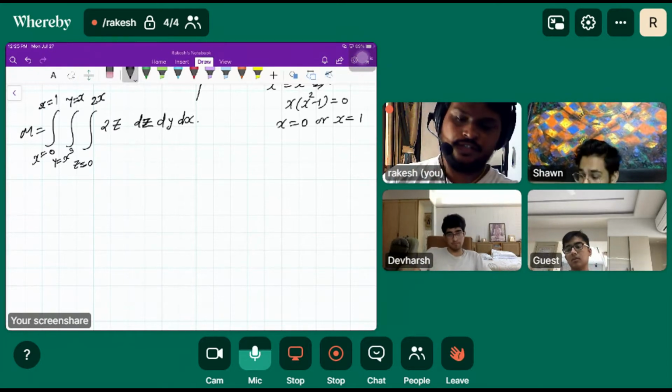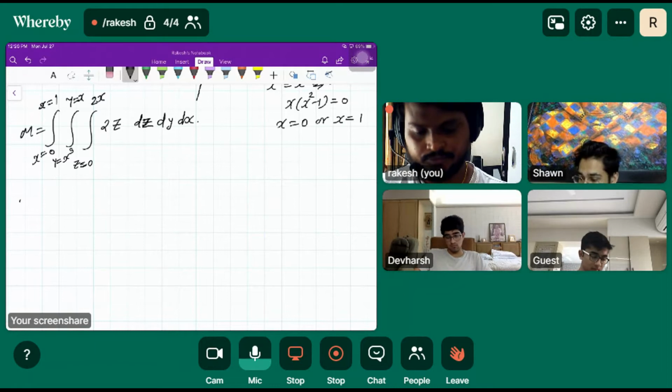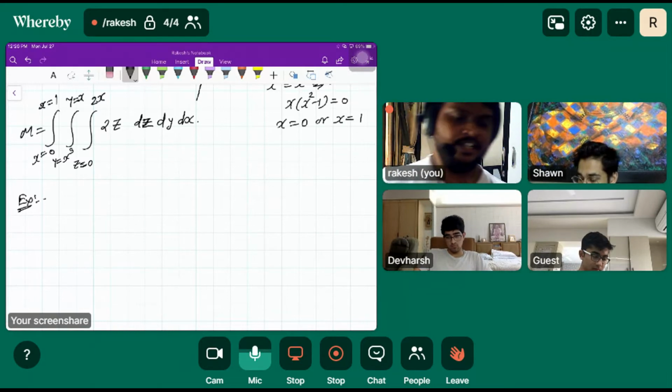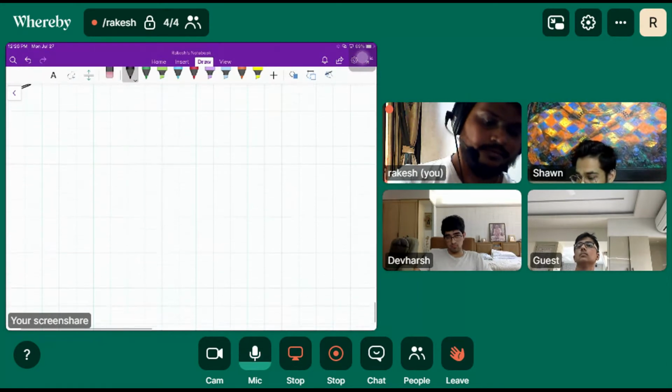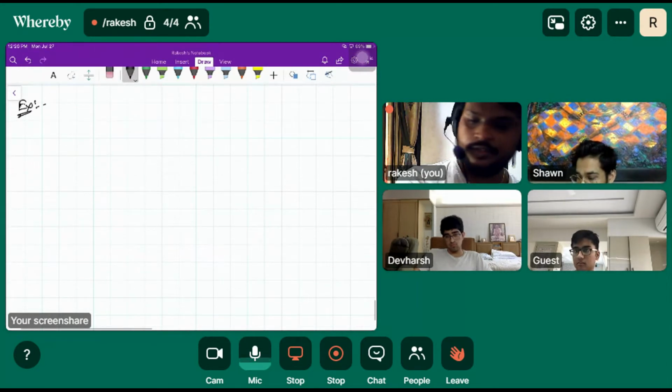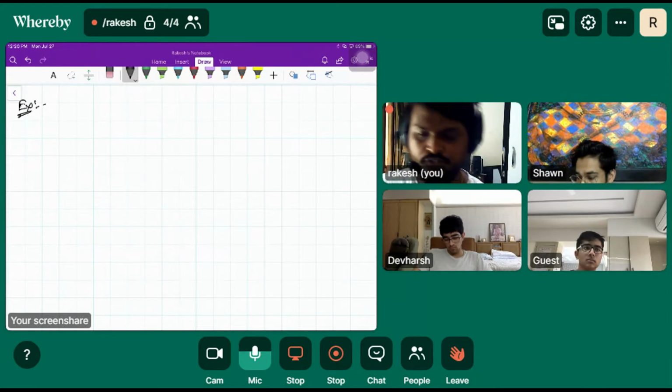Okay, so the next question is... see, so far we are dealing with z simple, right? It depends on what region we are given in the question.